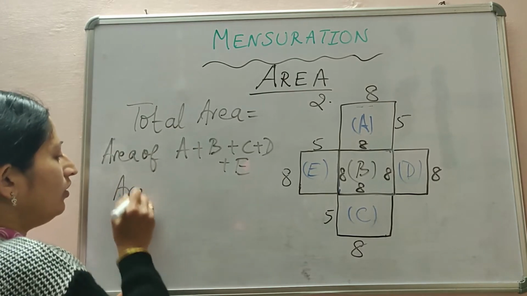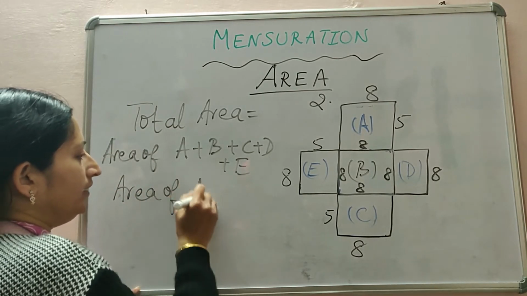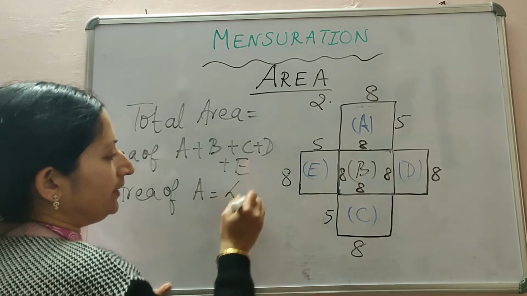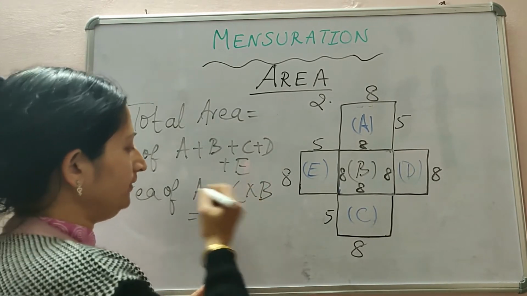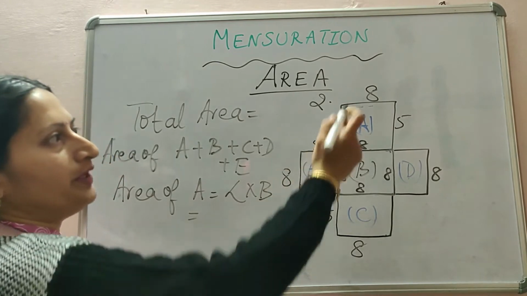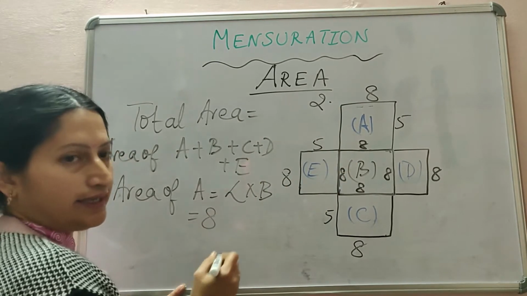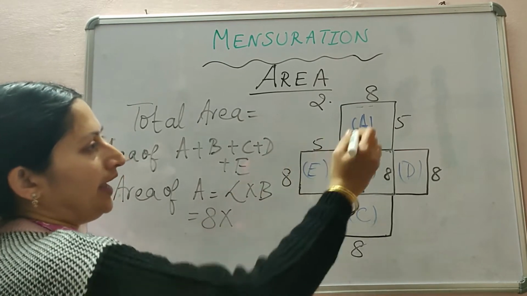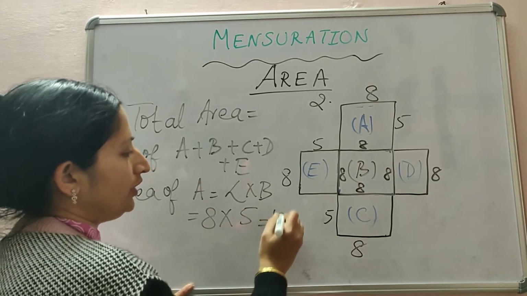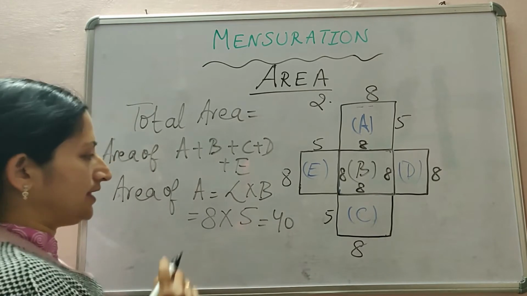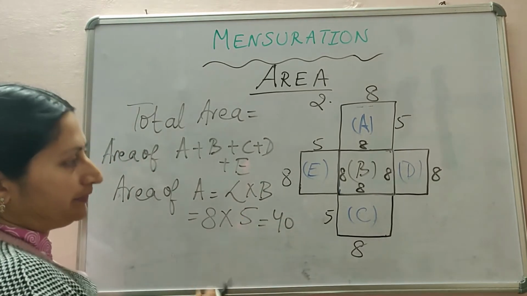So area of A is equal to length into width. I hope all of you know this thing. This formula is clear to all of you. So length is given as 8 units, and breadth or width is given as 5 units. So it will be equal to 40 units. Area of A is 40.